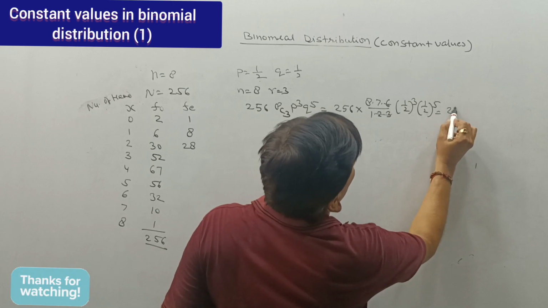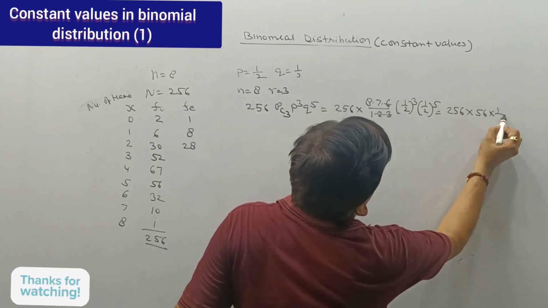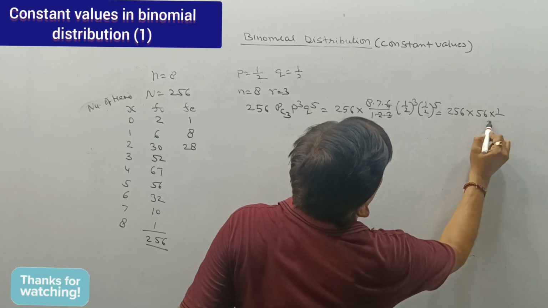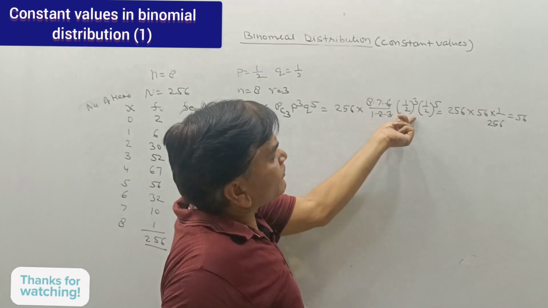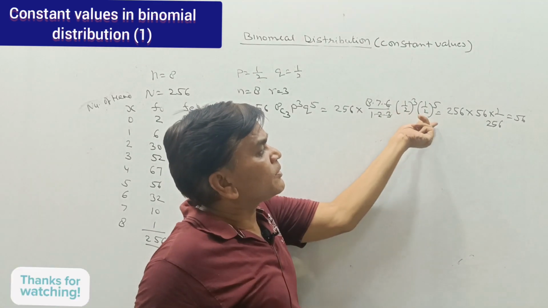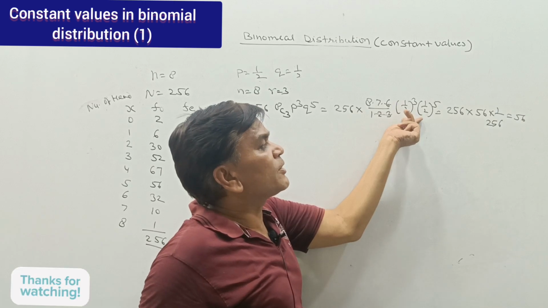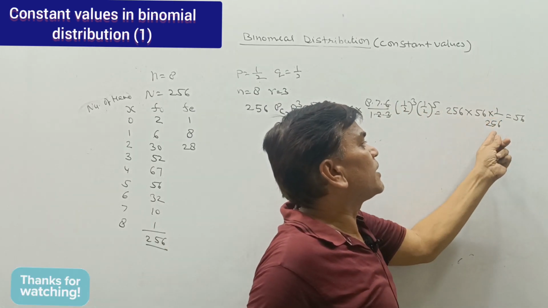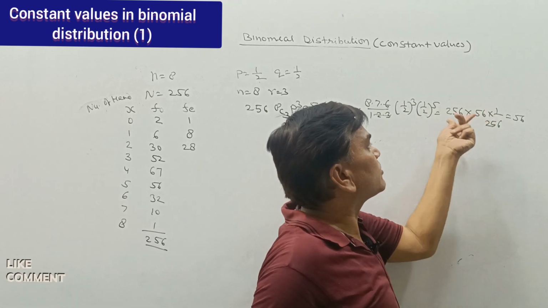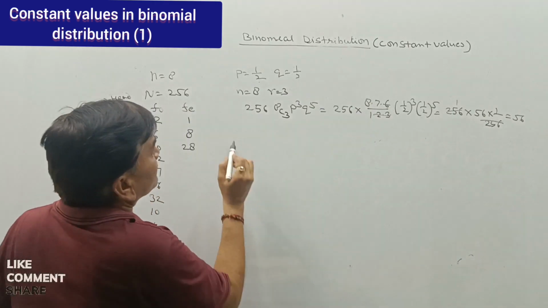So that will be 256 multiply 56 multiply 1/256. Here we are saying (1/2) raised to power 3 and (1/2) raised to power 5 converted to (1/2) raised to power 8, that is 1/256. So 256 and 256 cancel. So 56 is there.